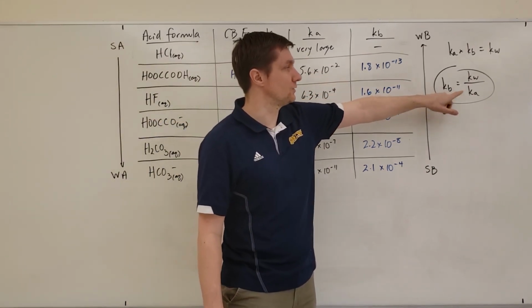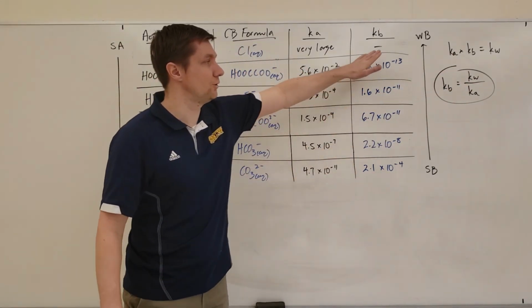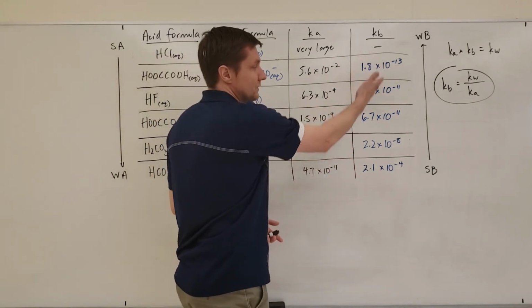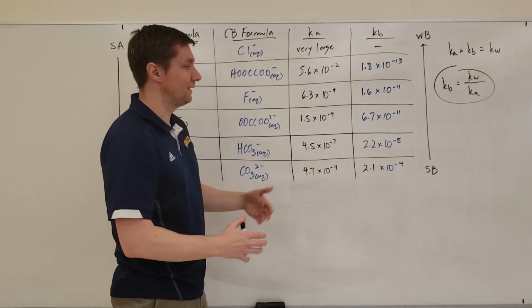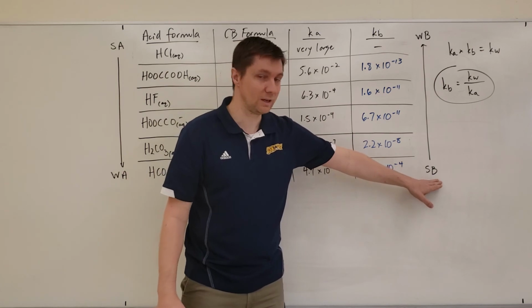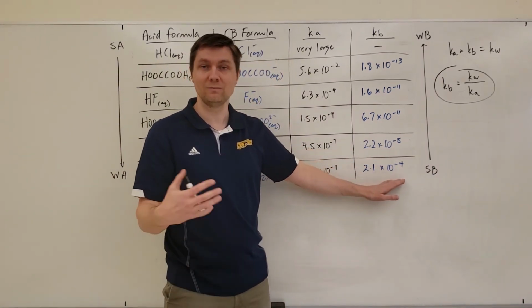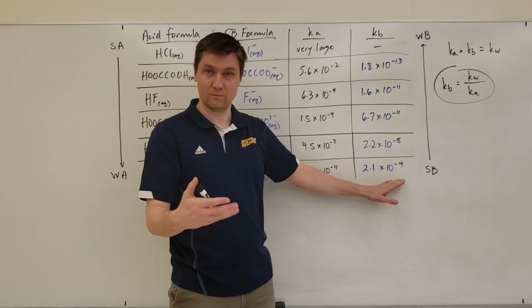And so I can just rearrange this formula like this, and you can check my calculations for me to make sure that I'm correct. But if I've done them right, this is what these numbers punch out as. And again, I wanted to point out that if my strong bases are down here in the bottom right-hand corner, I would then expect my Kb values to be fairly high.